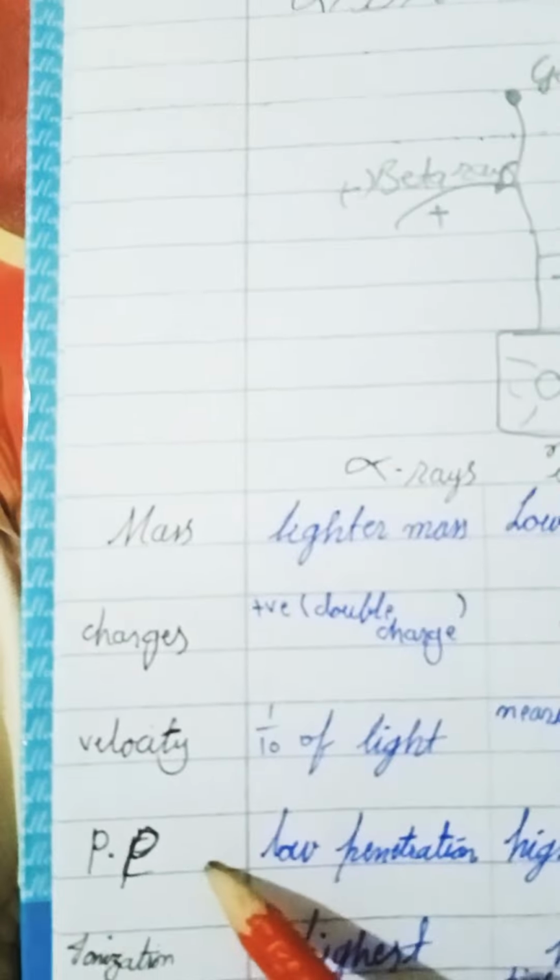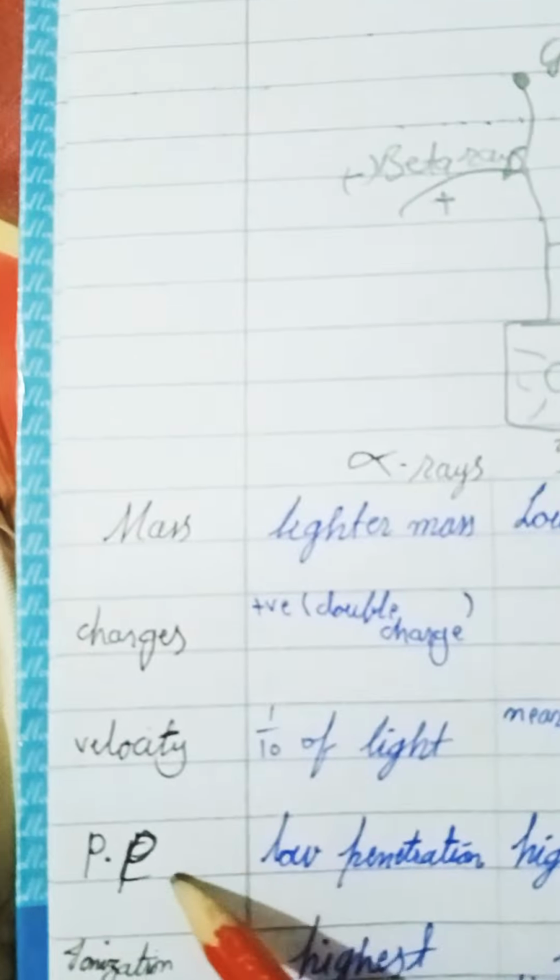Now penetration power, PP. Alpha has low penetration because it has mass. Just imagine if a particle is heavy and moving towards a wall, it will not cross the wall.